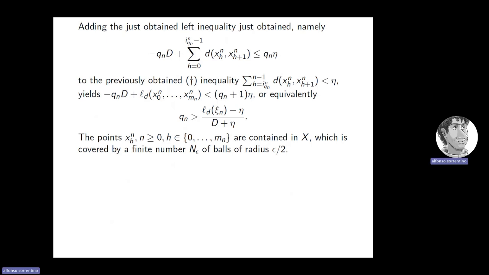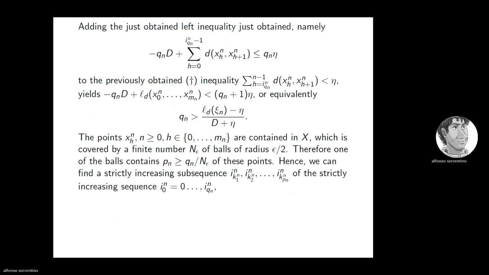Now, these points are contained in X, which is covered by a finite number N(epsilon) of balls of radius epsilon over 2. So that means that at least one of the balls has to contain P_n points, larger than q_n divided by N(epsilon). You have q_n points that you have to put in N(epsilon) sets, so one set must contain at least q_n over N(epsilon) points.